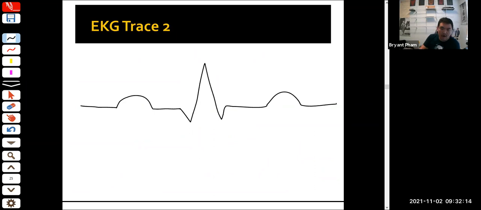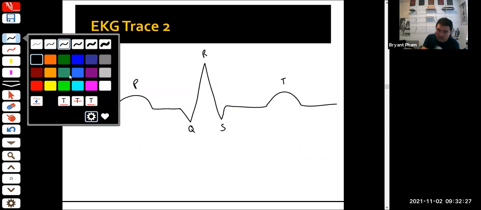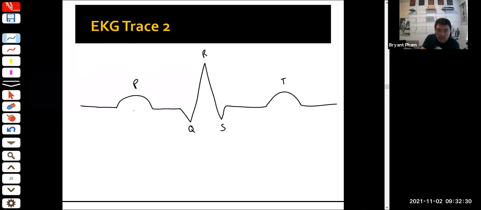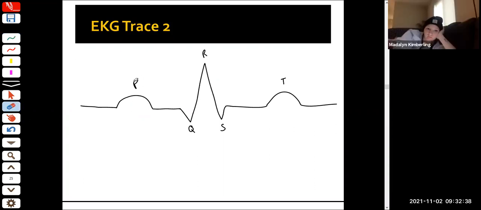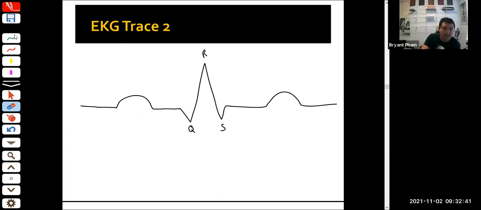All right, so starting right off the bat here, P, Q, R, S, T. All right, so what event did P represent? Atrial depolarization. Atrial depot, nice. Sorry, I'm going to change it up just a little bit. Atrial depot, awesome.